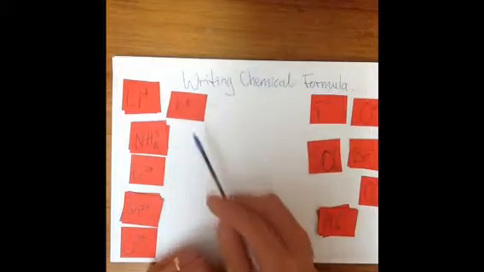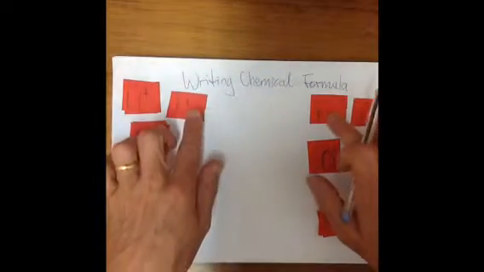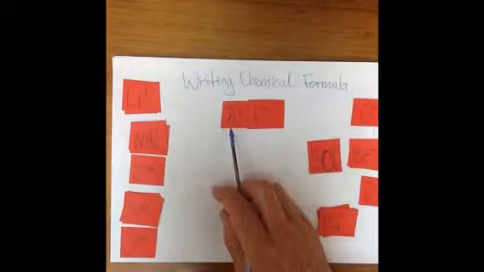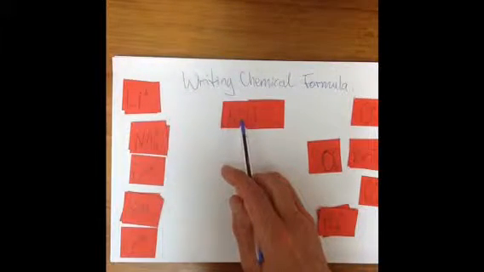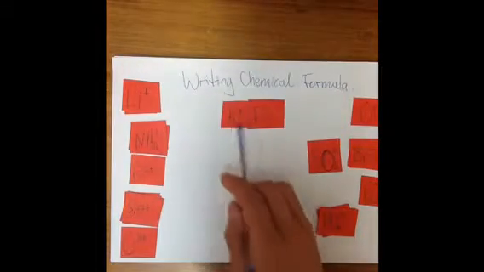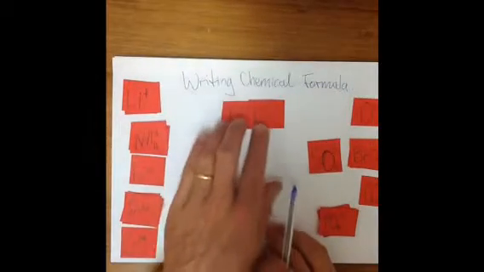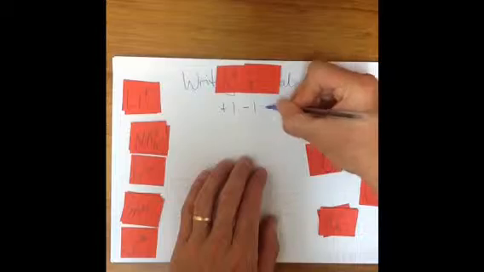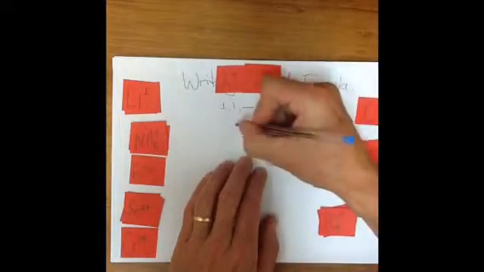If I was to join two of the cards together, here I've got the element potassium, and as an ion it's K+1, and fluorine, and as an ion it's F-1. So those two cards together, +1, -1, gives me 0.